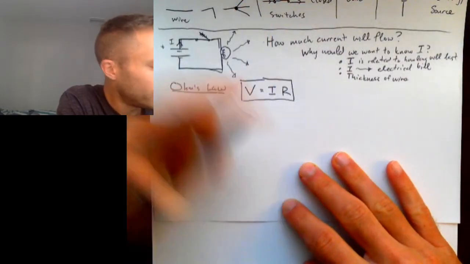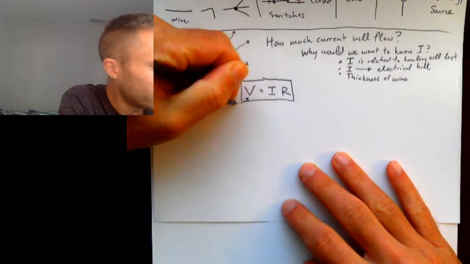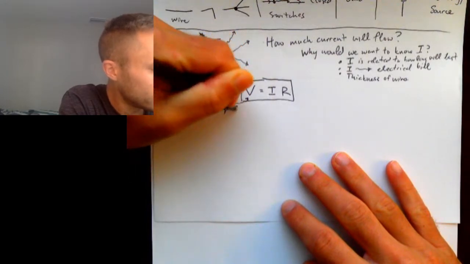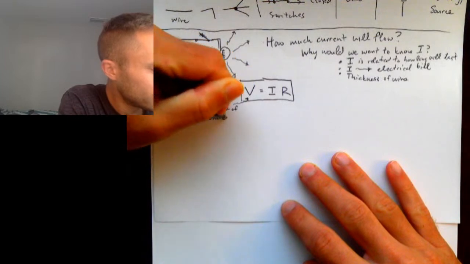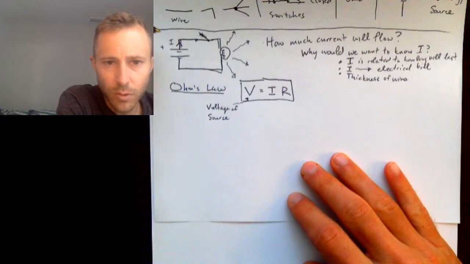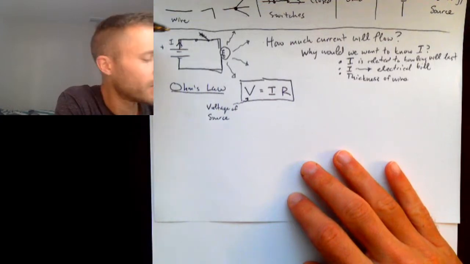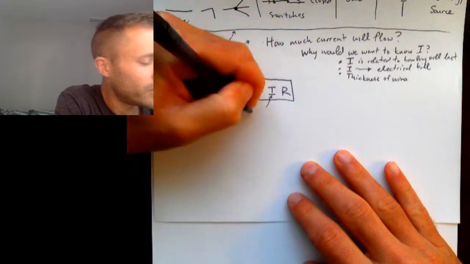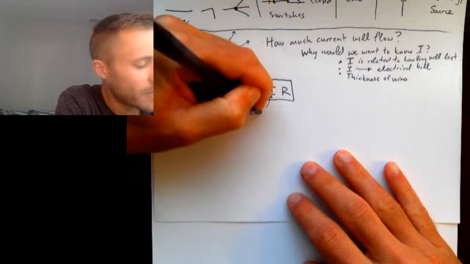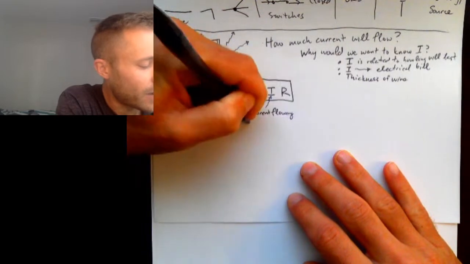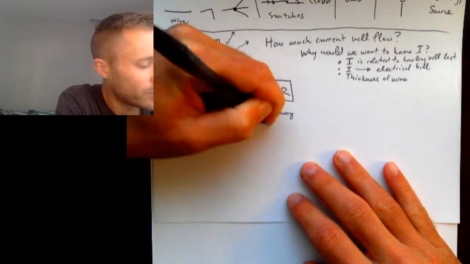And V represents the voltage of the source, be it a battery or a power outlet or whatever. I represents the current flowing out of the source.